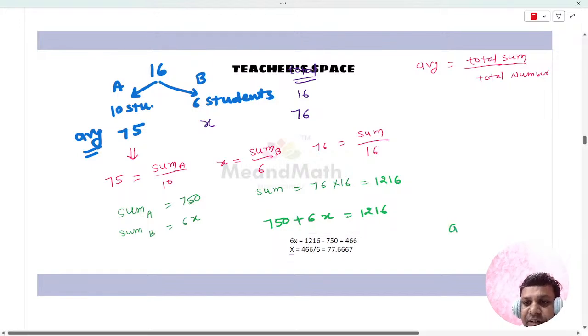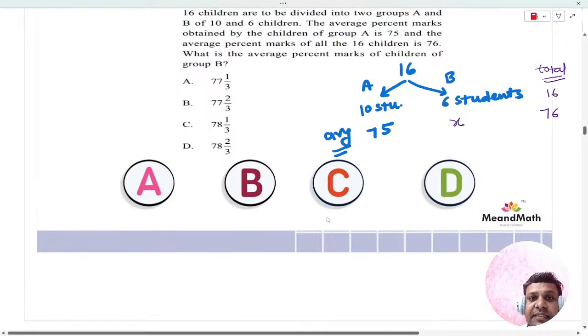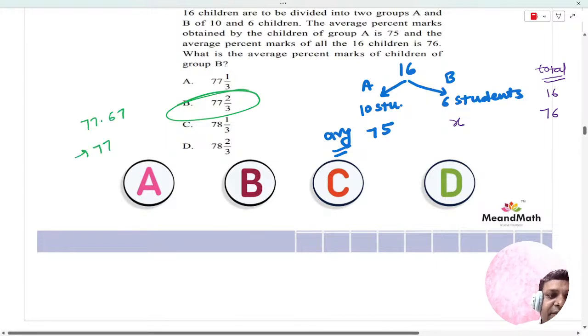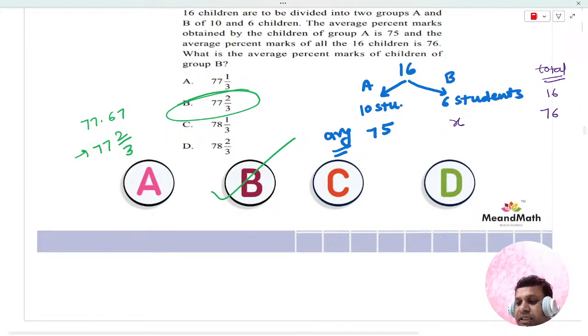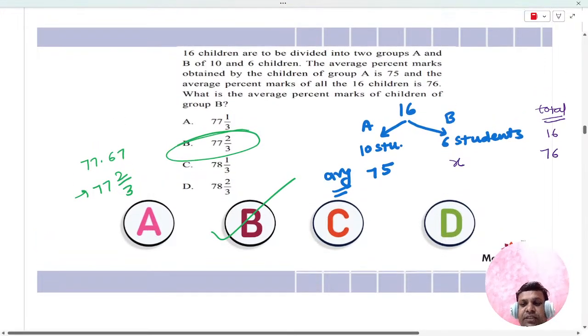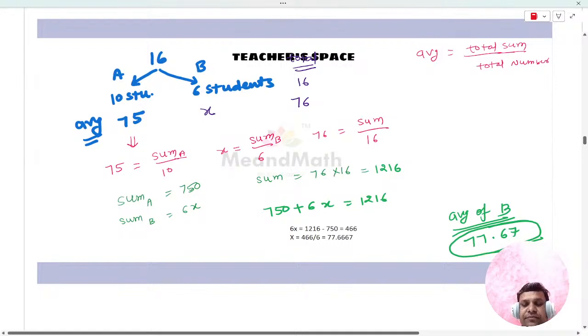So you will get the average of group B as 77.67. Let's check which option it is in. 77.67 is option number B. 77.67 can be written as 77 and 2/3. So option number B is the correct answer. Clear? So this is the question and this one is the solution.